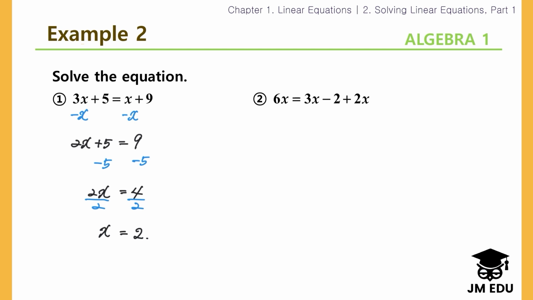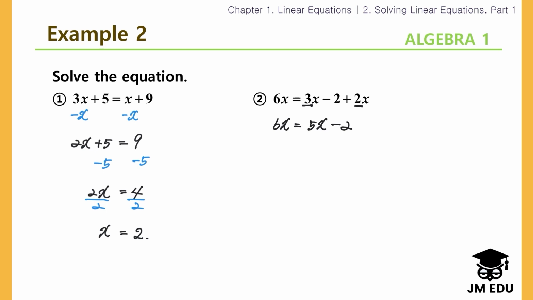Number 2, on the right-hand side we have like terms, 3x and 2x. So let's simplify the expression on the right-hand side first. So that is 6x is equal to 3 plus 2, that's 5x, and we have minus 2, right?